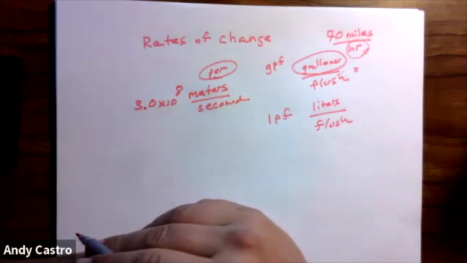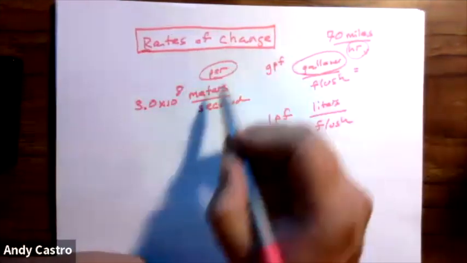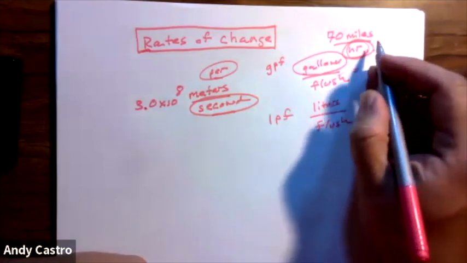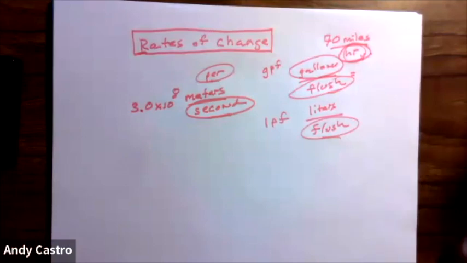That's another rate of change. So this is what we mean by rate of change. A lot of times the bottom is time. Obviously with the toilet, the bottom is flush. It doesn't have to be time, but a lot of the rates of change that you're going to interact with in your life are going to be rates according to time. All right.